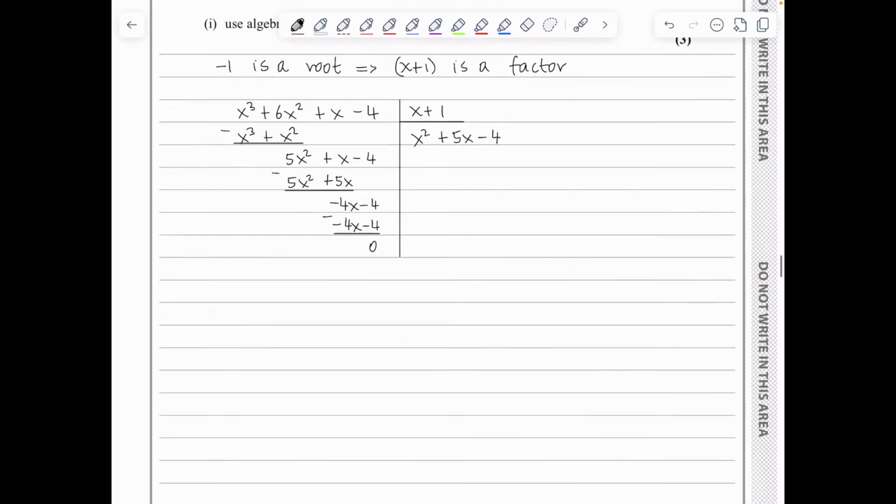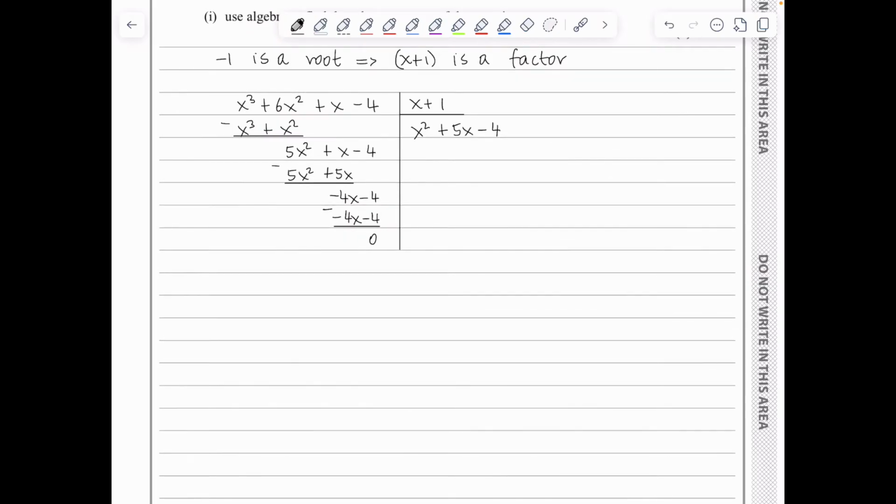So this means that the given cubic can be written in a factorized form as (x+1)(x²+5x−4) is equal to 0. So obviously one solution stems out of x+1 is 0, which is x is −1 as expected, whereas the other two solutions will come out of the quadratic. I've got x²+5x−4 is equal to 0, and I'll be using the quadratic formula to get the two solutions.